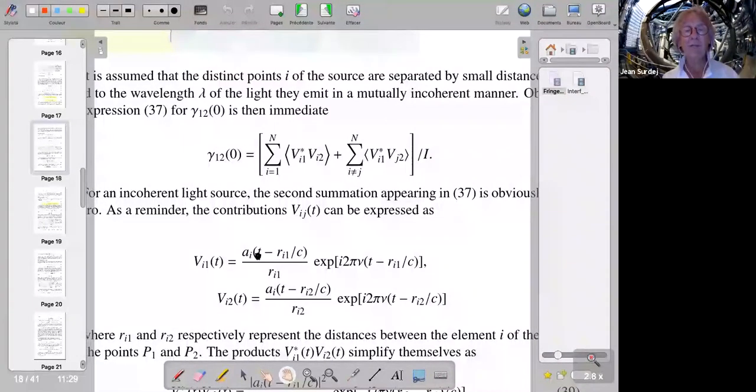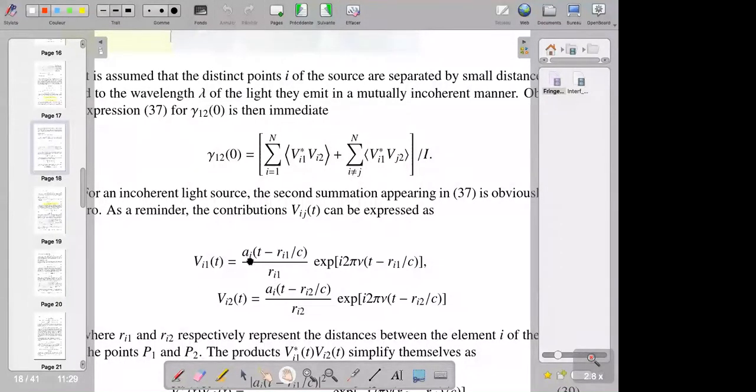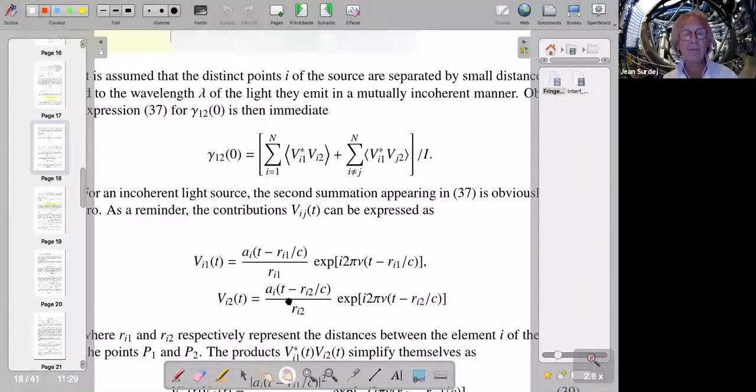And you do the same for the second element. Now, you take the complex conjugate of this first expression and multiply by the second one, so we will have this quantity multiplied by the second one.